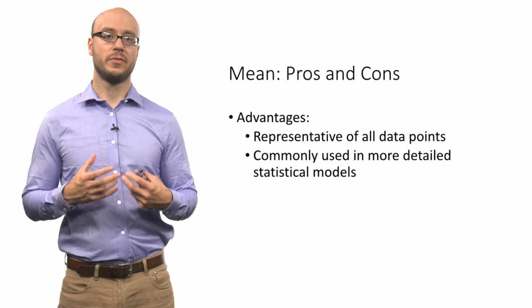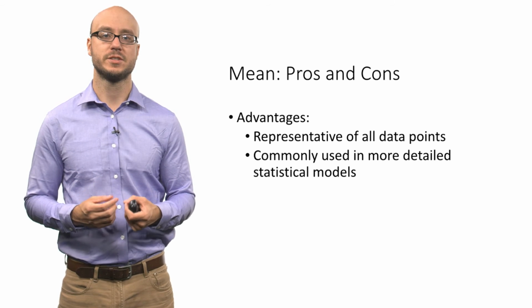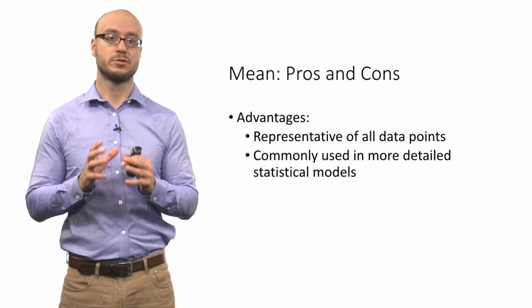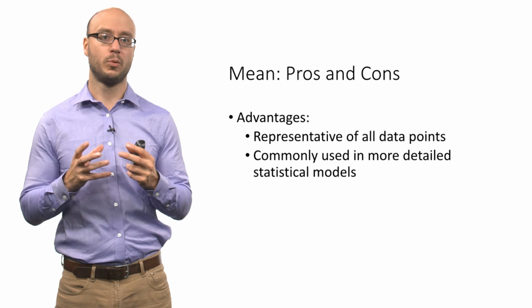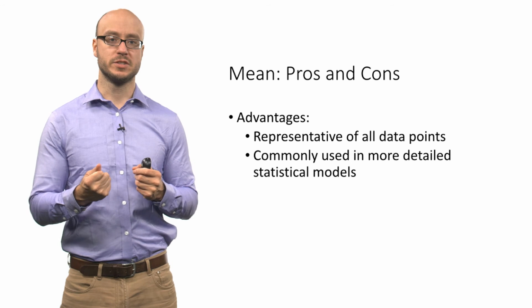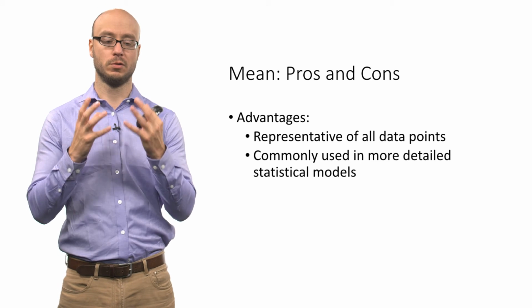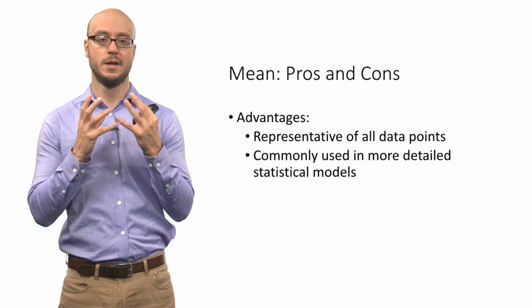So when we talk about the mean, there are certain advantages and disadvantages. As a measure of central tendency, the whole point of the mean is that you have all these observations, but you want to reduce the information to just a typical person, a typical observation.